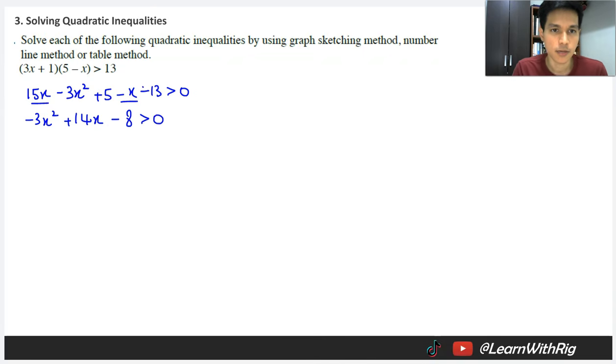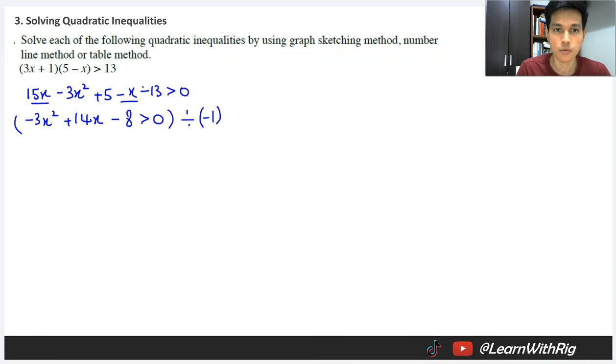Okay. Now, like I said, always try to make the equation positive, right? You don't want a negative equation. So to make it positive, you're going to divide the whole thing by -1.